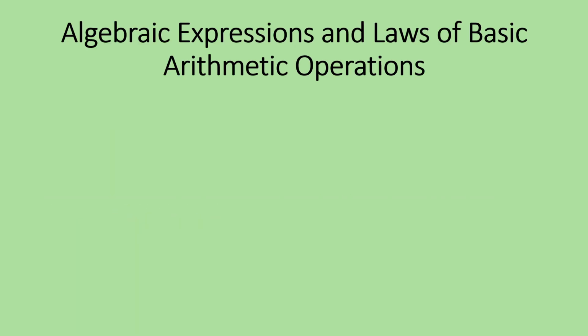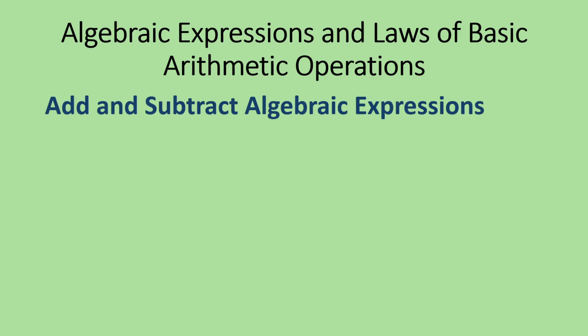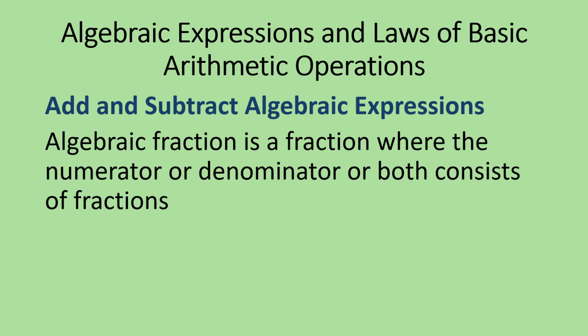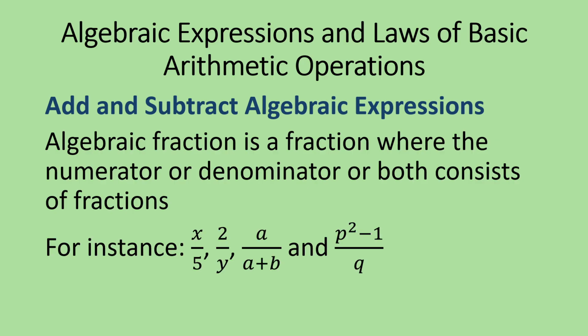Algebraic expressions and laws of basic arithmetic operations. Now, add and subtract algebraic expressions. An algebraic fraction is a fraction where the numerator or denominator or both consist of algebraic terms. For example, x over 5, 2 over y, a over a plus b, and p squared minus 1 over q.